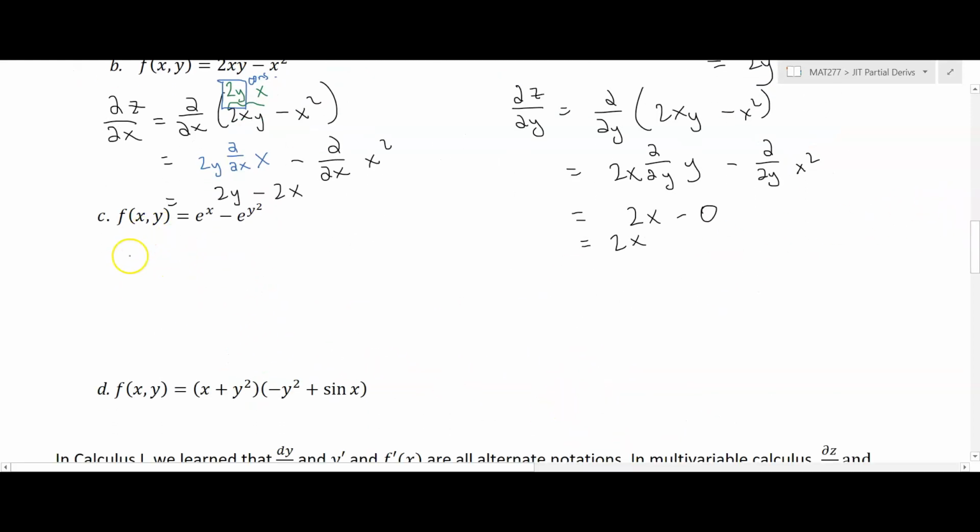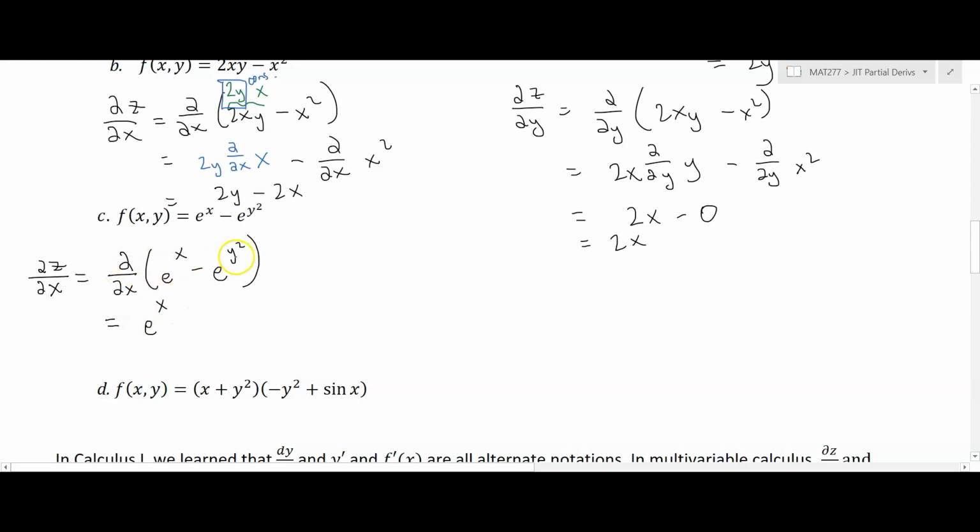And here's just another fun example, taking the derivative with respect to x of e to the x minus e to the y squared. The reason I chose this is because you look at this and you think it's going to be really complicated, but the derivative of e to the x with respect to x is e to the x, and we're finding dz dx here. We could also write df dx because that's the name of the function, so either notation will work.